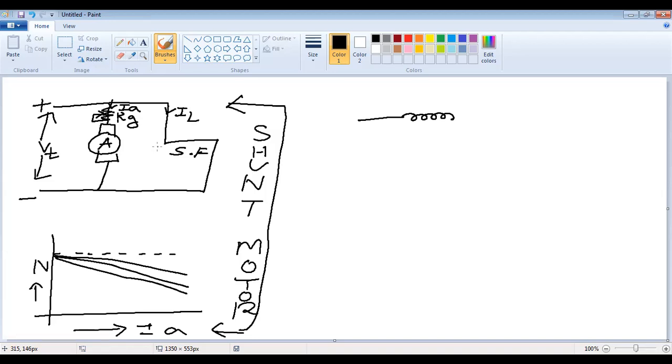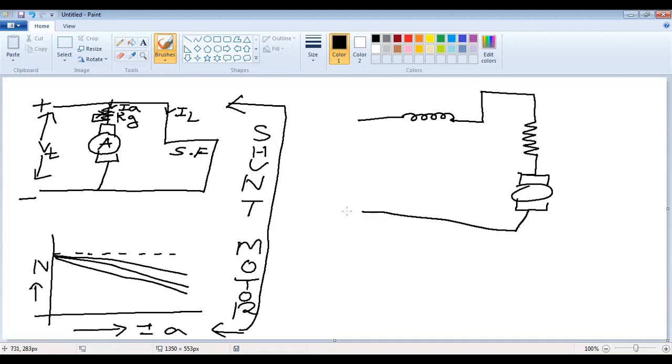But in the series motor, as the name suggests, the field and the armature are both placed in series. This is the circuit of the DC series motor.